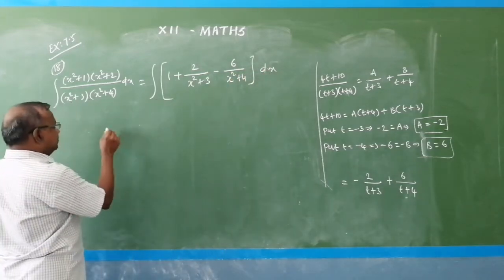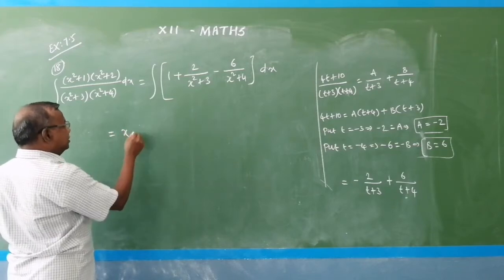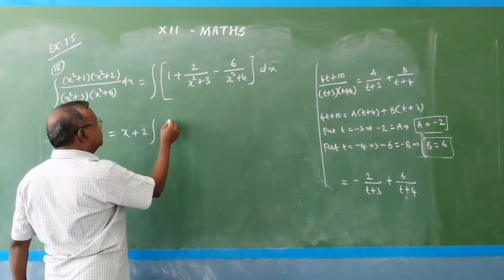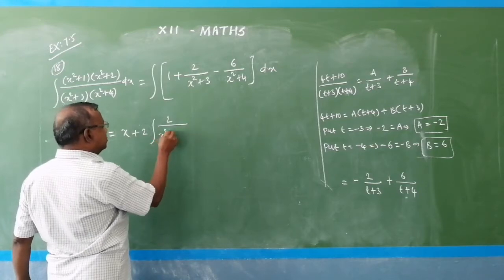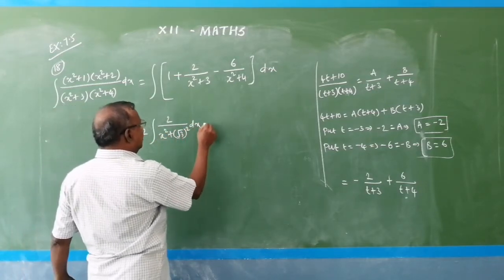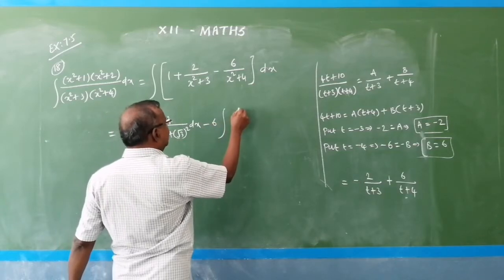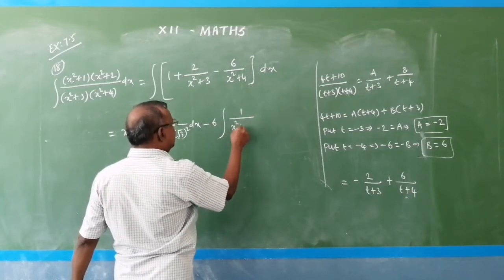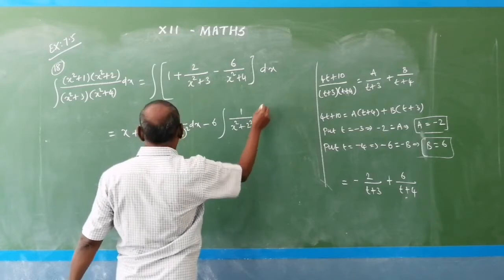Now integrating these functions we have x plus 2 into integral of 1 divided by (x square plus root 3 whole square) dx, minus 6 into integral of 1 by (x square plus 2 square) dx.